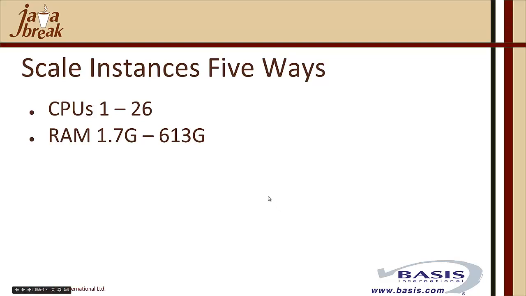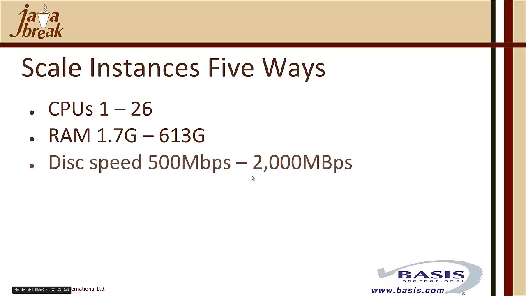I've never seen such a box before the cloud came along, but it's sure nice to know it's there if I need it. Disk speeds can go from the traditional platter type speeds, 500 megabits per second, up to 2,000 megabytes per second, which is what you can get with solid state drives, and those are all available up in the cloud at your choosing.